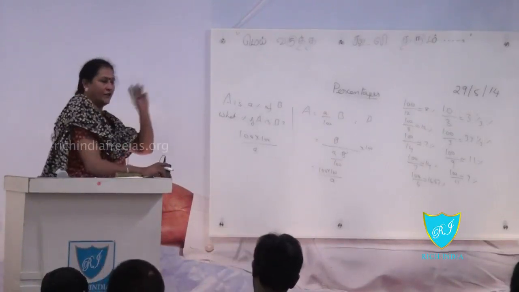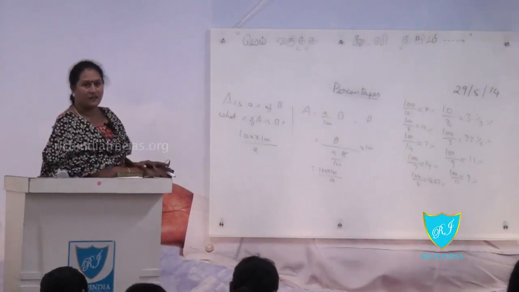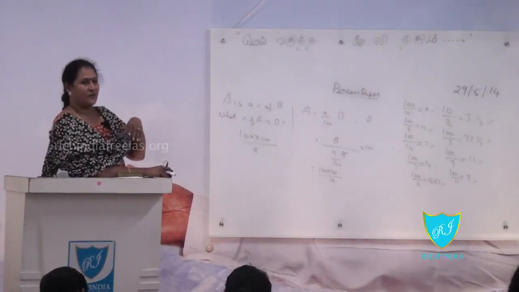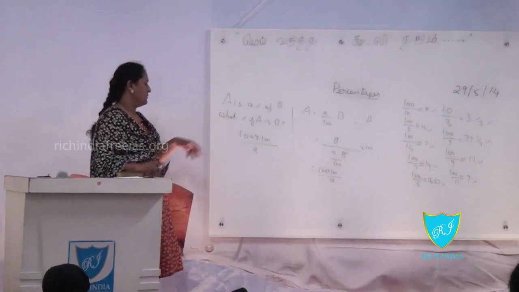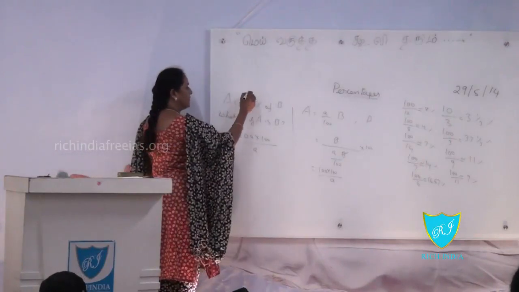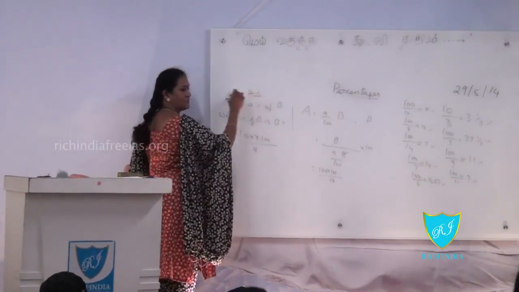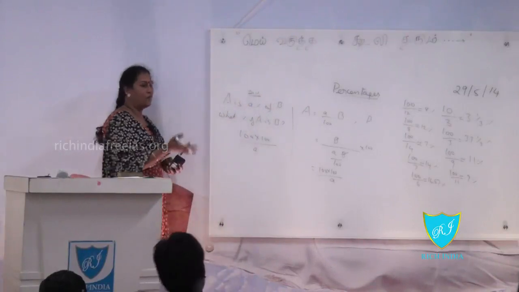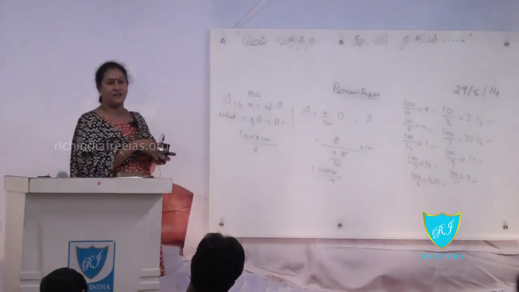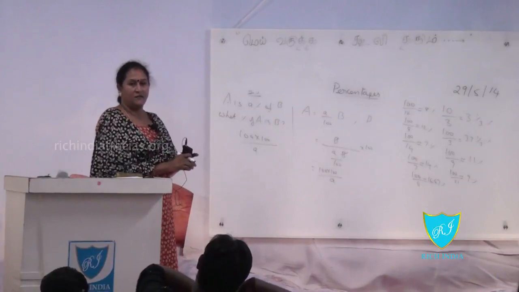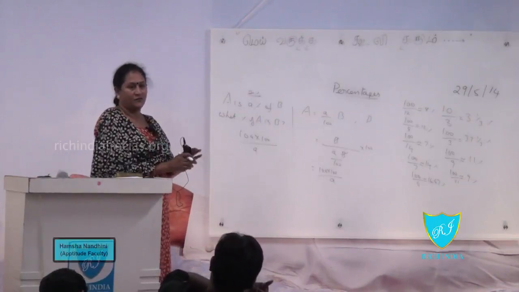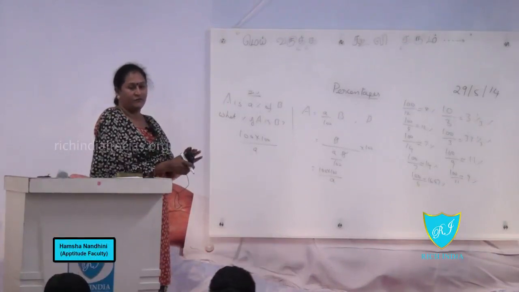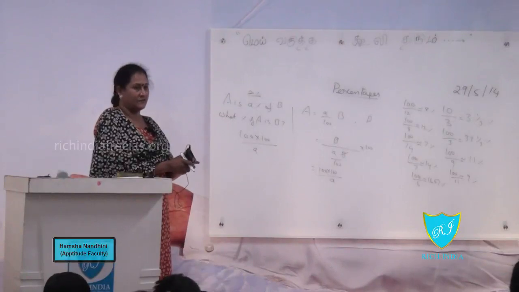So instead of finding that percentage and then working with values, there is no need to do that. For example, if they say A is 20% of B, what percent of A is B? It is 500%.